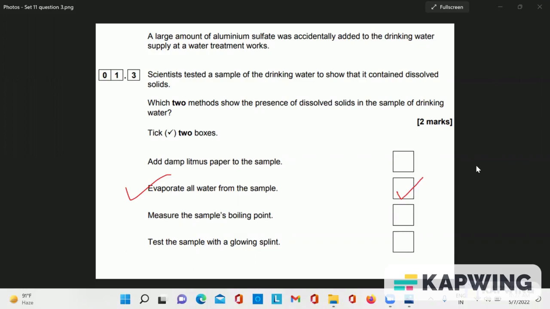Yes, because if we mix two or more substances with different boiling points, the substance with the low boiling point will evaporate faster, and the substance with the higher boiling point will be left over till its boiling point is reached. So in this way also we can see the presence of dissolved solids in the sample of drinking water. So my second option will be this.